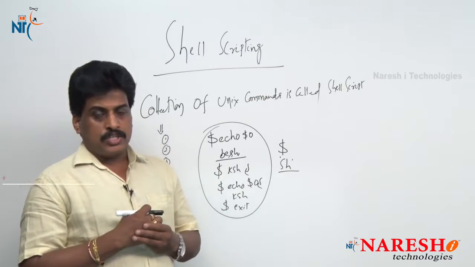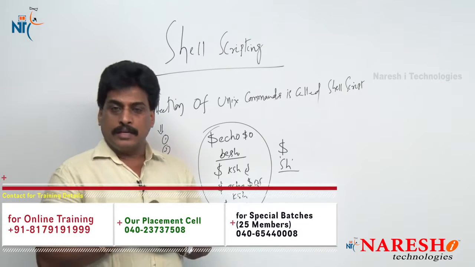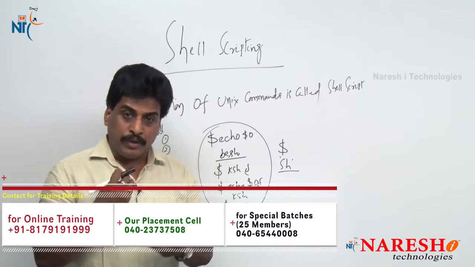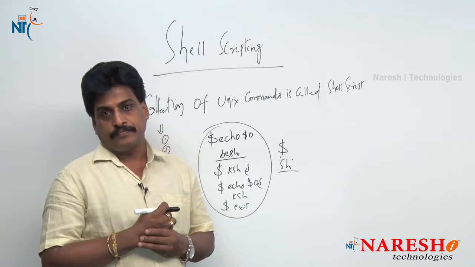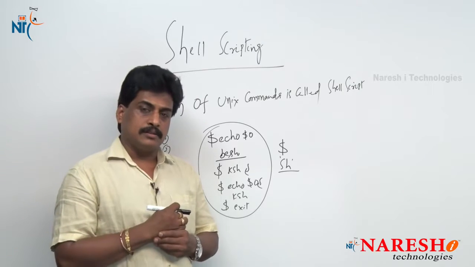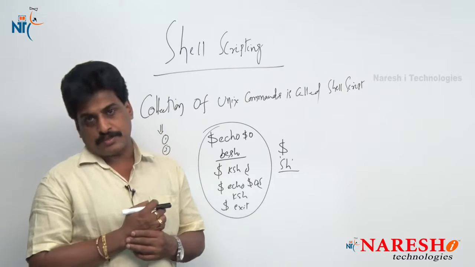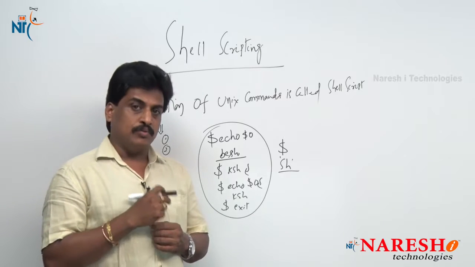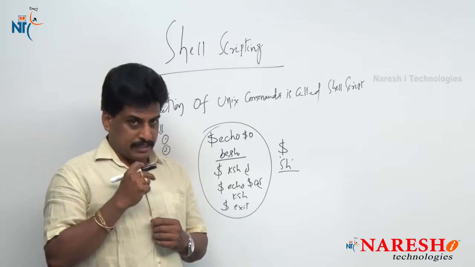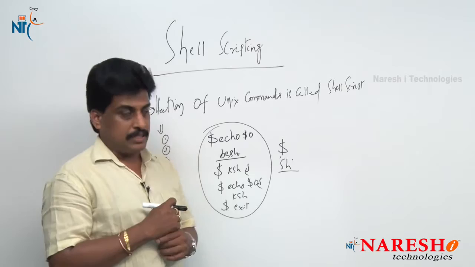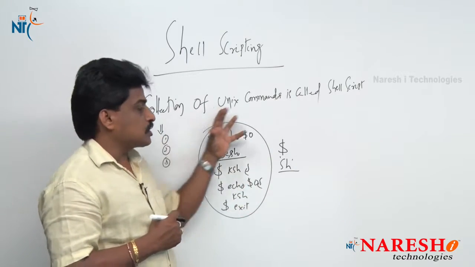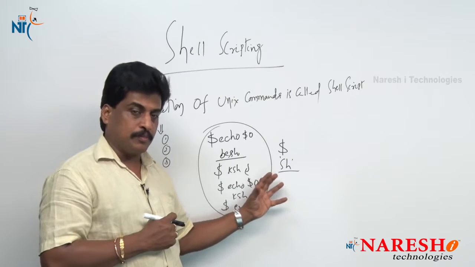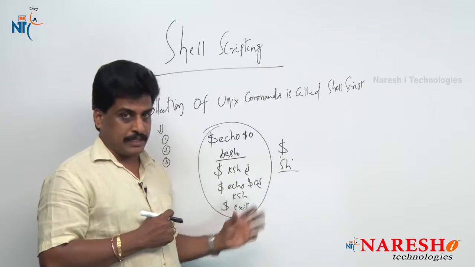And third one, shell is performing a duty n number of times, repeatedly, no need to write commands. And these shells have some characteristics. These characteristics one by one we can see practically on the system. But here I provided only what is the shell and how the related prompt is going to be displayed.